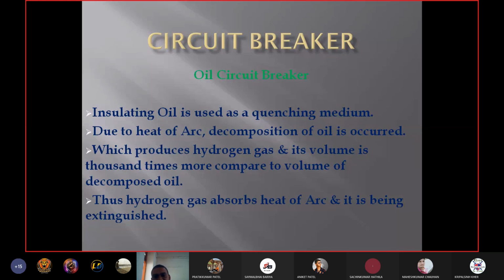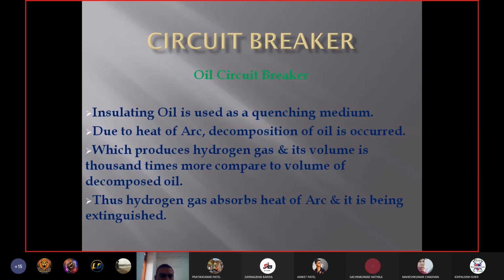Now what happens when an arc is generated between the fixed contact and the moving contact? At that time, heat is produced. The heat generated due to the arc has a high temperature.